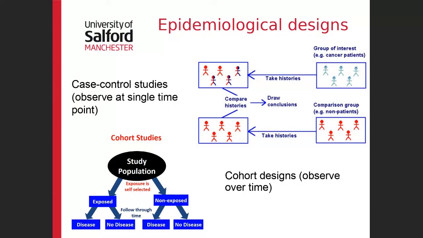So the last couple of slides is about epidemiological design. There's two key types of epidemiology. Epidemiology is the study of factors that contribute to disease. And if we're going to study the factors that contribute or lead to the onset of disease, we need to identify and divide people into two groups.